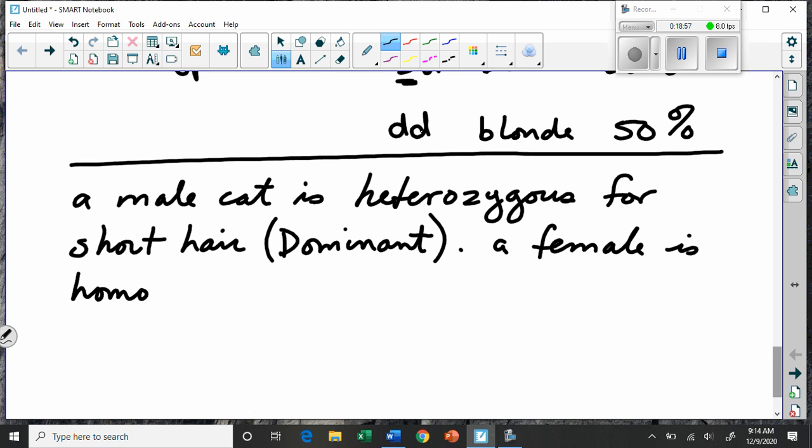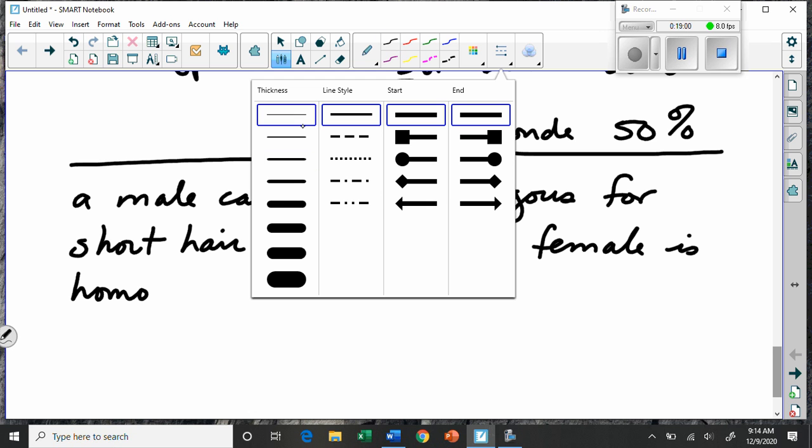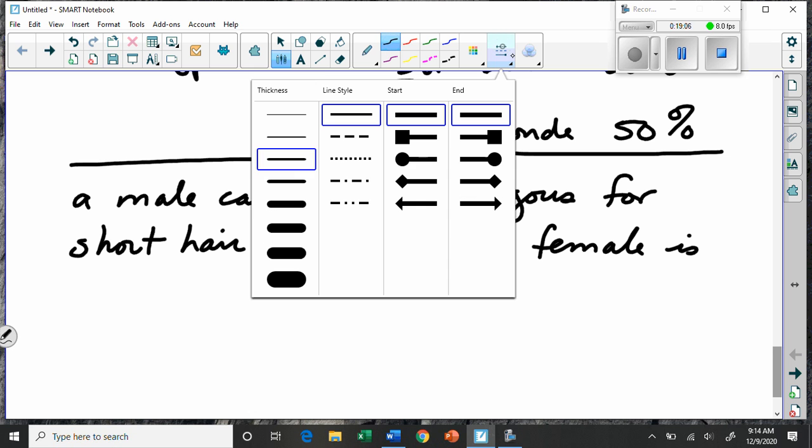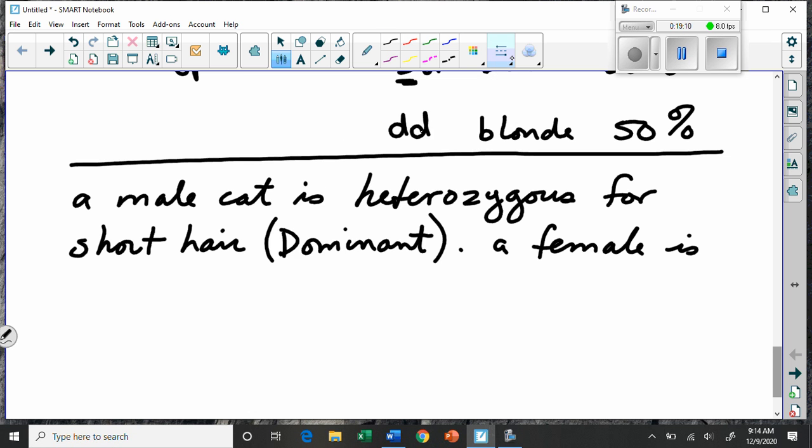No, let's go heterozygous again, just to make it interesting. A female is also heterozygous for this trait.